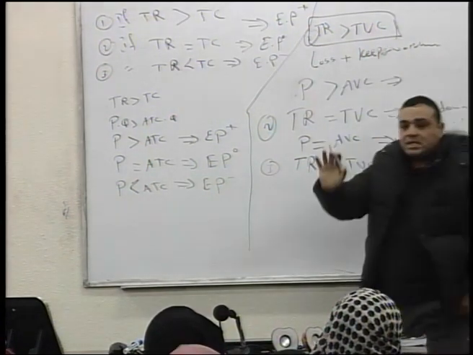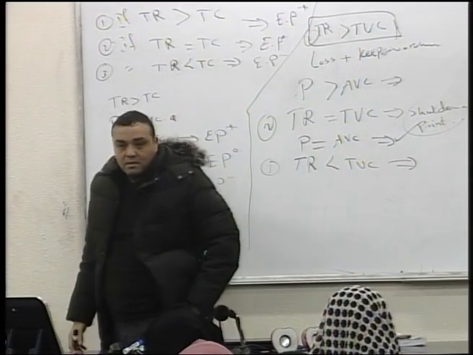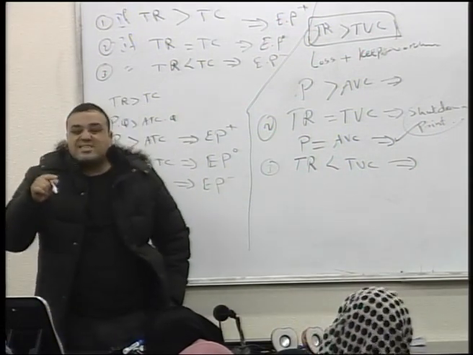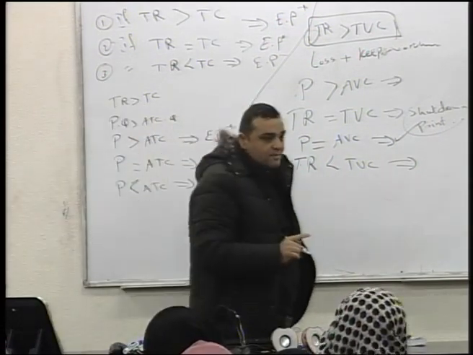Now, if total revenue is bigger than TVC, we have a loss. It's called normal profit.